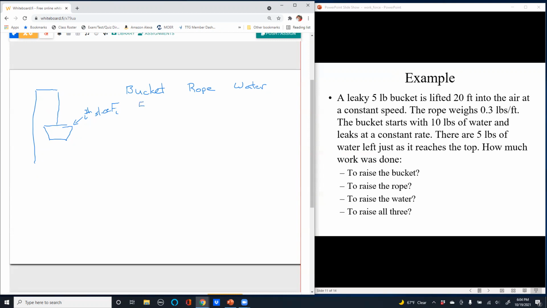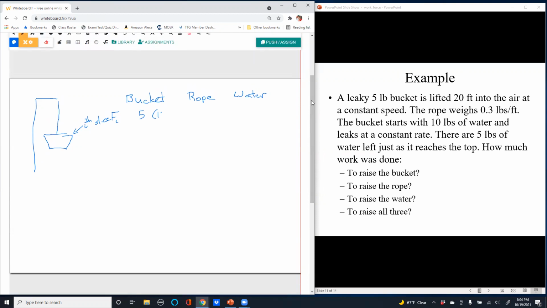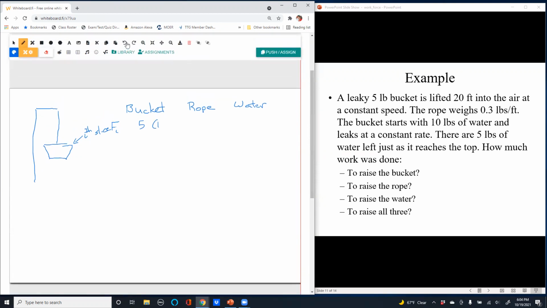So the bucket, its force is just the 5 pounds. All these will be in pounds, so let's actually not put that there. We'll put it at the end. So the units on force, these will all be in pounds. Actually, let's clean this up a little. See a better spot. All right, so give me just a second.